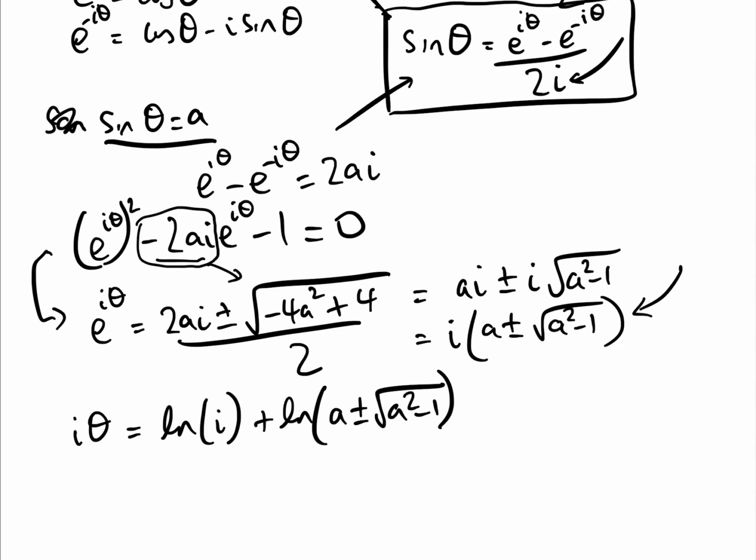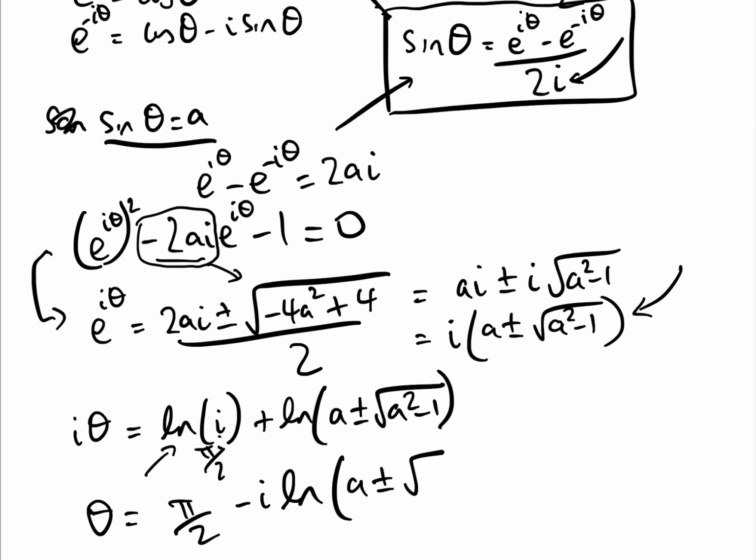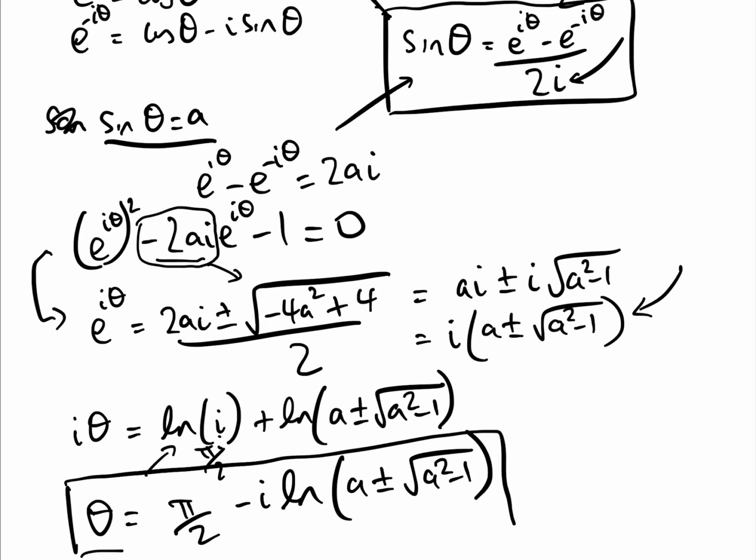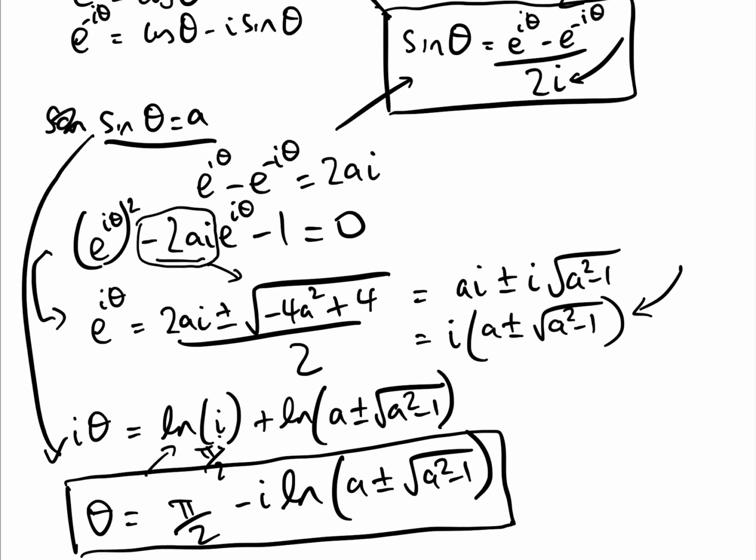Again, fairly similar to the previous video. And we've already done that log i is equal to pi i over 2. And therefore, when we put the pi i over 2 here and then divide by i, that gives us that theta equals pi over 2 minus i log of a plus or minus root a squared minus 1. And that is our first solution for when sine theta equals a.